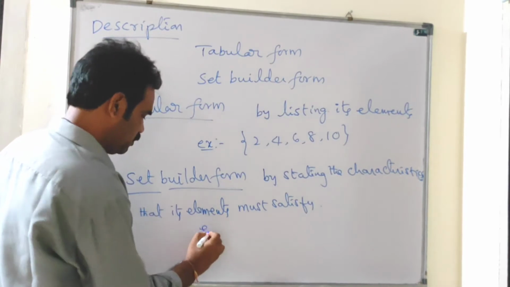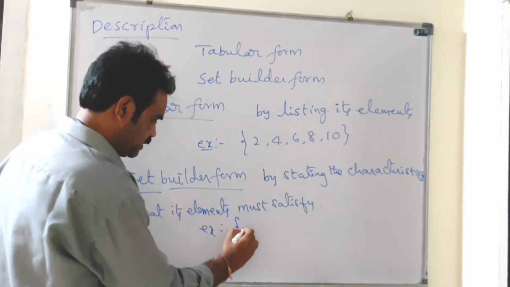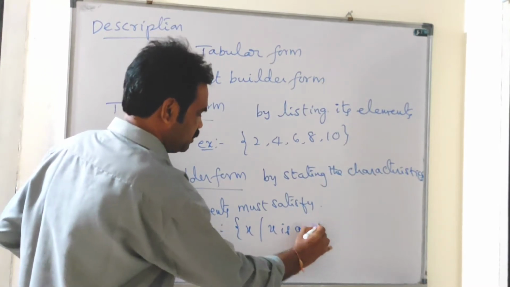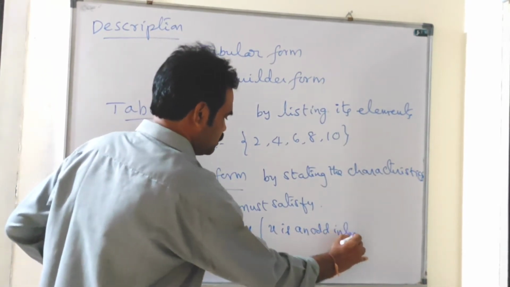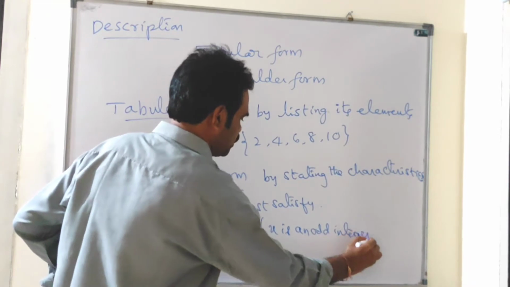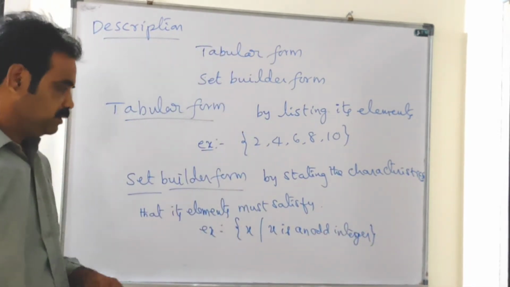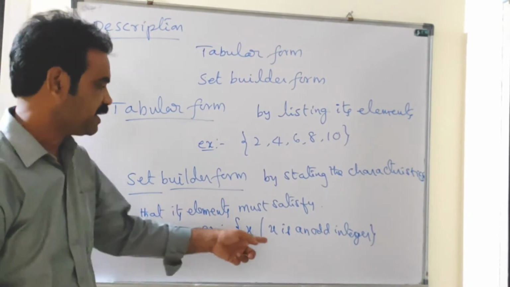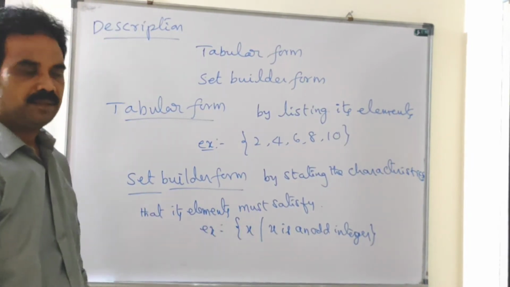For example, X such that X is an odd integer. By stating the characteristic of its elements, X such that X is an odd integer, this is set builder form.